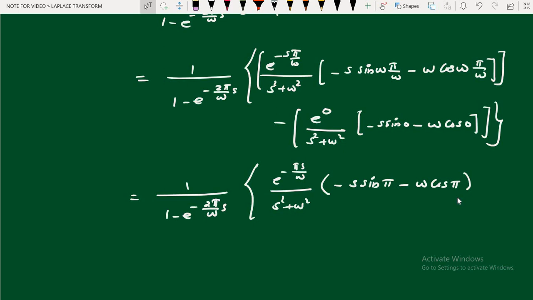This is the simplification of the first term. The next term is minus e power 0 is 1 by s square plus omega square into minus s into sine 0 minus omega cos 0. Sine 0 is nothing but 0, so s into 0 minus omega cos 0, which is 1.